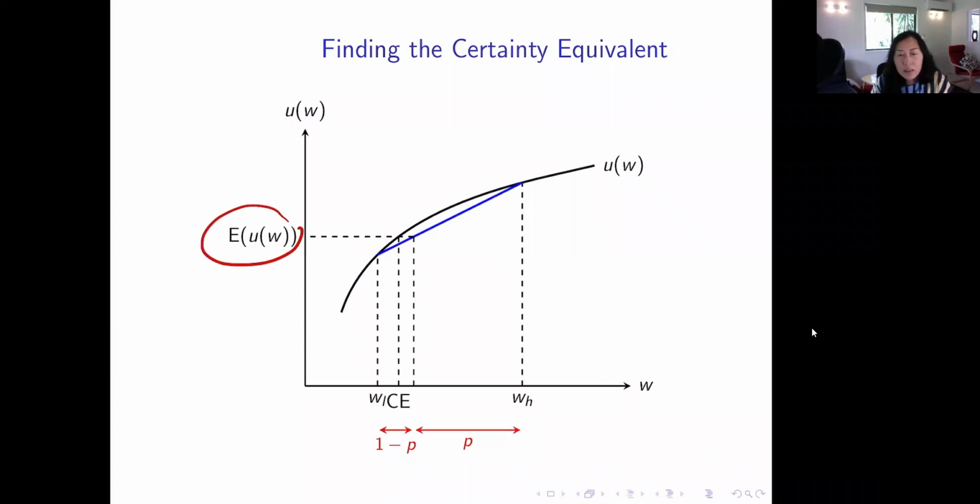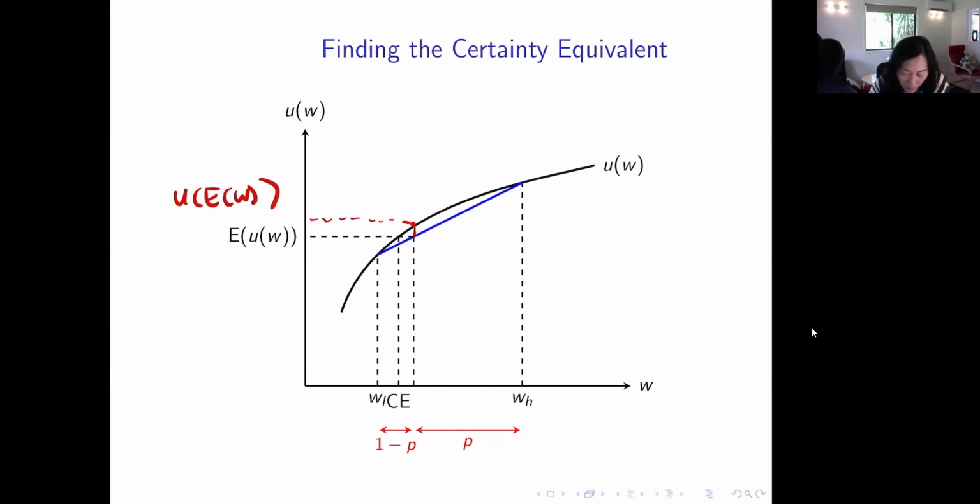Let me say, the expected utility value. Yes? So this is the expected utility value, which is smaller than the utility of the sure thing, the utility of the expected wealth, right?